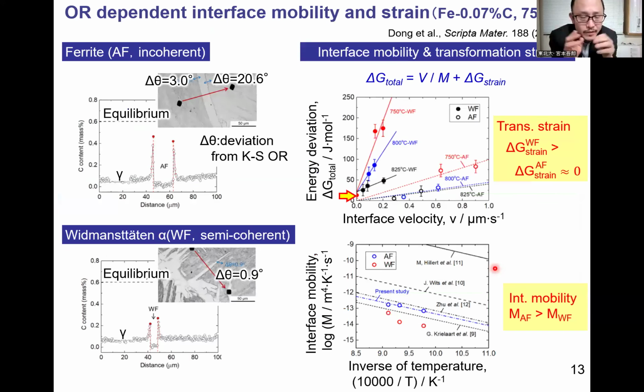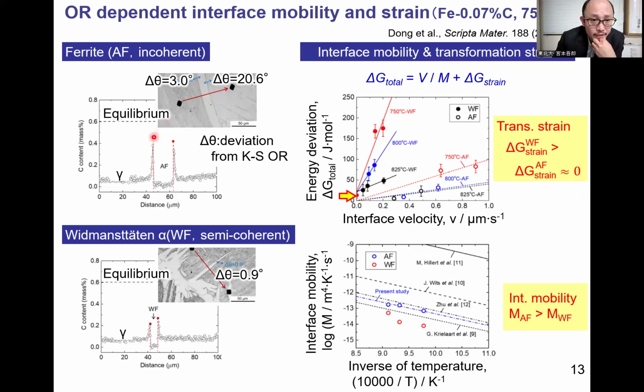And this concept is applied for ferrite transformation in iron carbon binary alloy. So this is the grain boundary ferrite, allotriomorphic ferrite AF, and Widmanstätten ferrite. So this is grain boundary ferrite. And this grain boundary ferrite satisfies case orientation relationship with the left austenite and non-case interface at the right austenite.